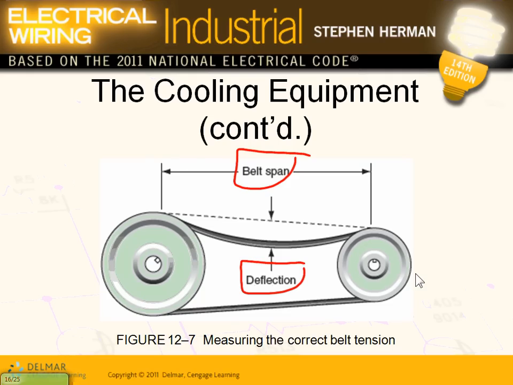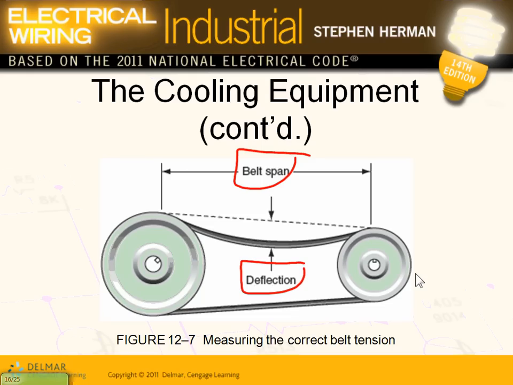None of you will, for the most part, work as an electrician. But if you're maintaining electrical, this will be one of the reasons why motors fail. If the belt is not tight enough, it puts a drag on the bearing and damages the bearing.